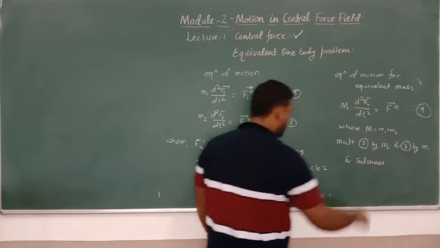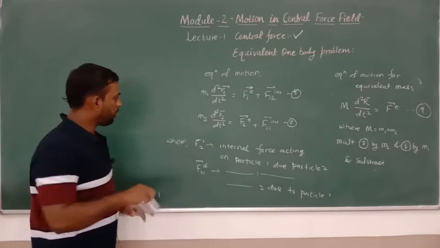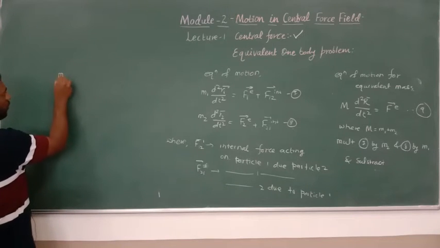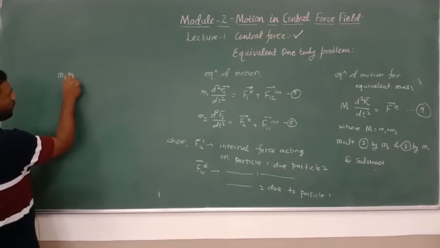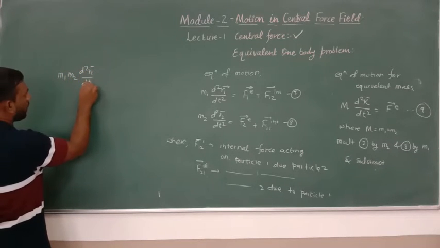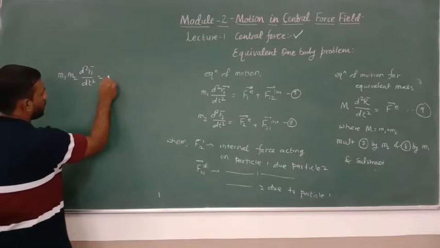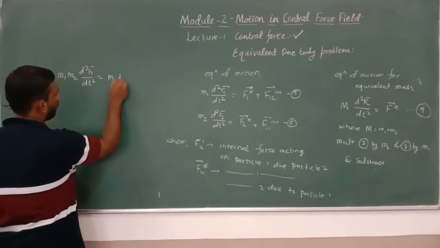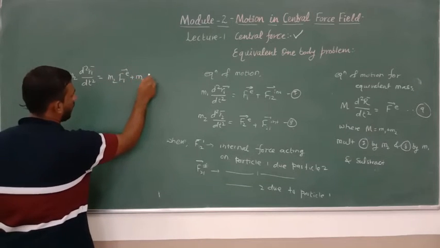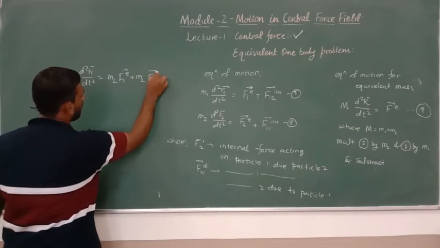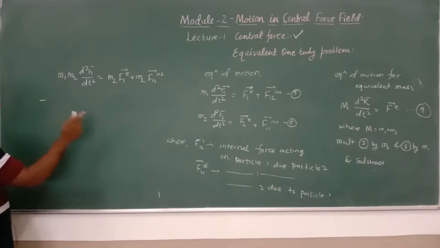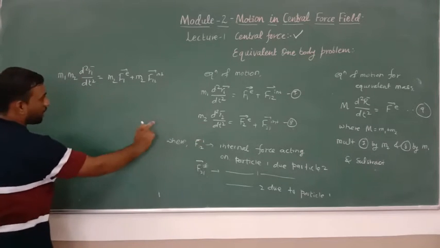Multiplying equation number 7 by m2, the equation looks like m1 m2 d2 r1 bar by dt square is equal to m2 f1 external plus m2 f12 internal, and we have to subtract equation number 8 multiplied by m1.